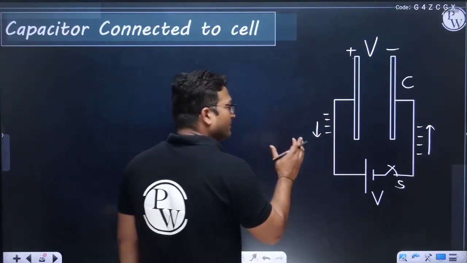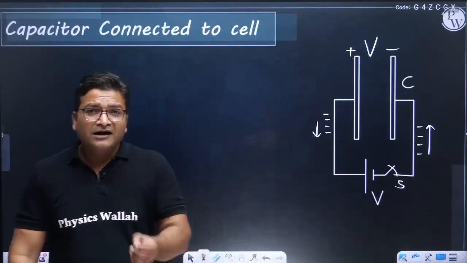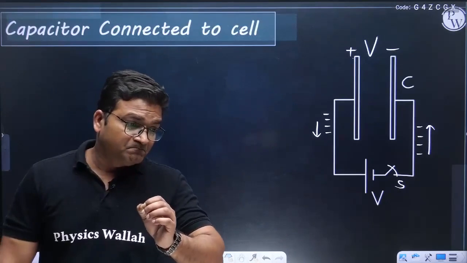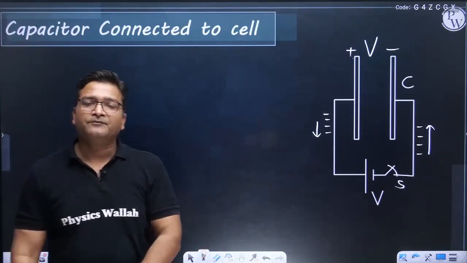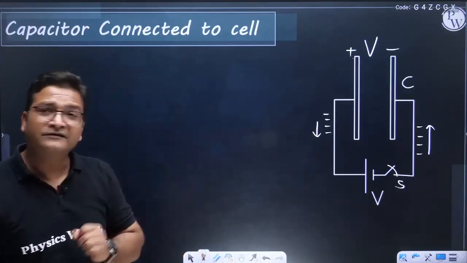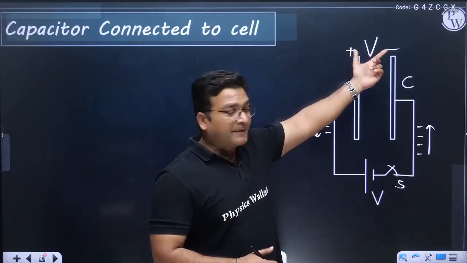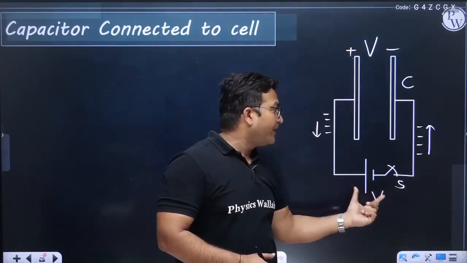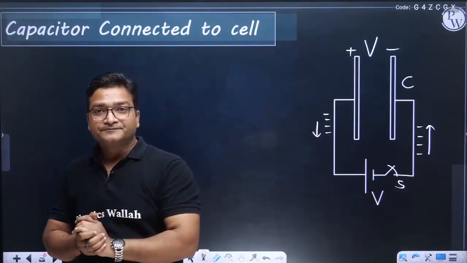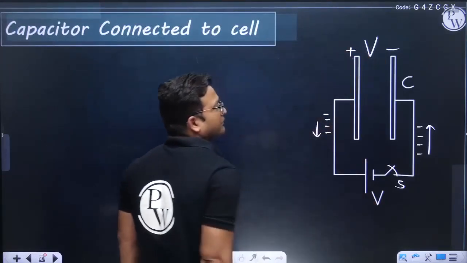So remember, when you close the switch, a current exists in the circuit for a small time interval. For a very small time interval, current exists in the circuit, and very soon the potential across the capacitor becomes equal to the potential of the battery and the current stops. And when this happens, this is the final potential difference across the capacitor.